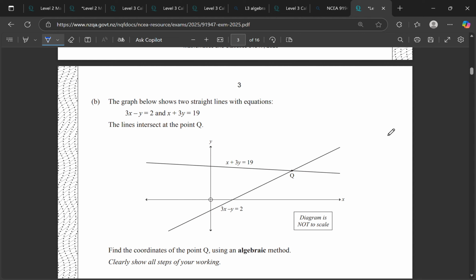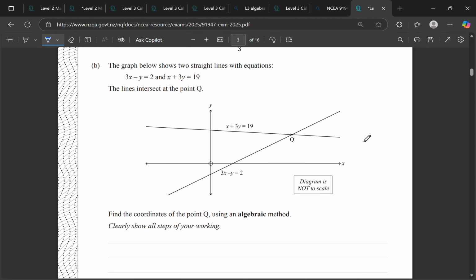Question B. The graph below shows two straight lines with equations 3x minus y equals 2 and x plus 3y equals 19. The lines intersect at the point Q. Find the coordinates of Q using the algebraic method. So it's solving simultaneous equations.